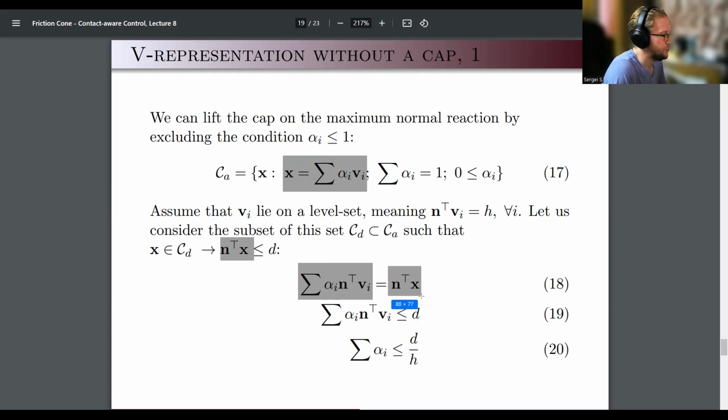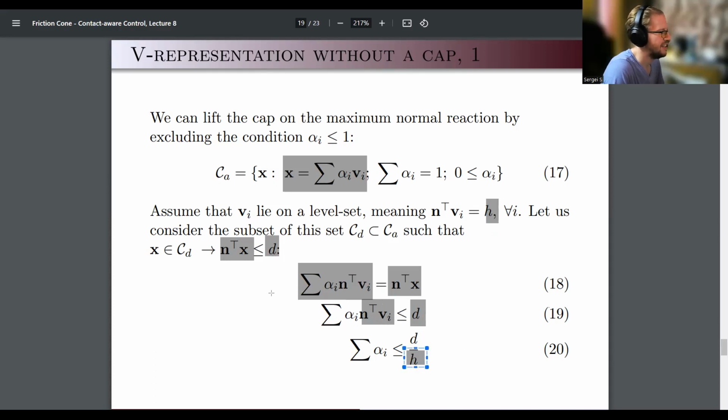This is equivalent to n transpose x, of course. But this n transpose x is less than or equal to d, so we have d here. But we also know that n times V i is equal to h, so we can transfer it to the left-hand side as h.